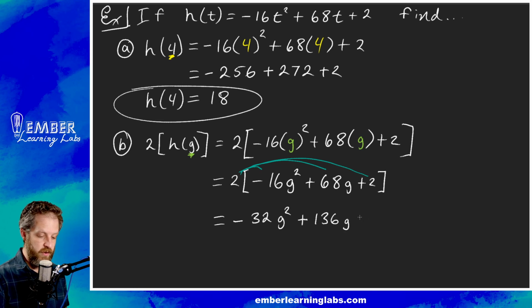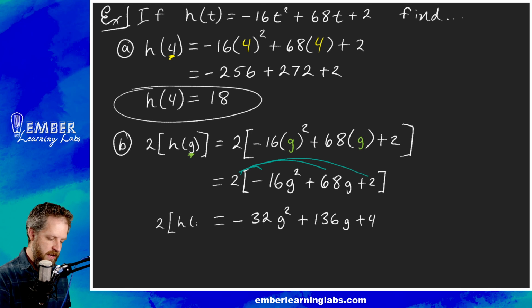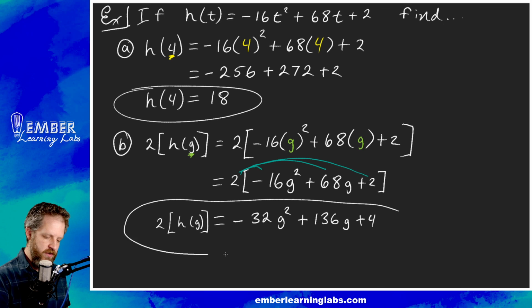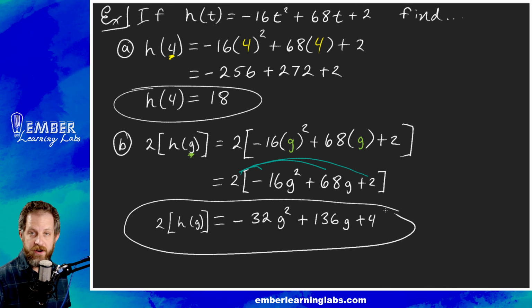And then 2 times 2, you've been knowing that for a long time, is just plus 4, right? So 2 times h of g equals negative 32g squared plus 136g plus 4. And that's it.